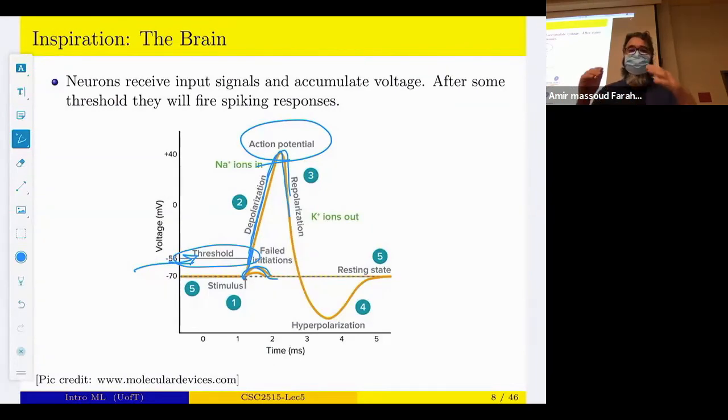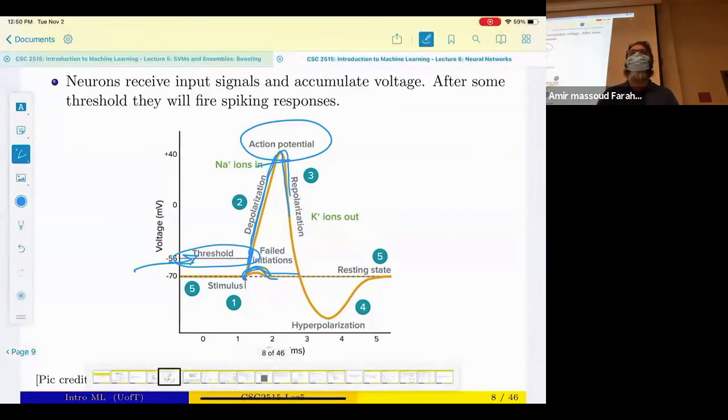But if the stimulus of a neuron is weaker than this threshold level, the neuron would not become activated, and the output of it would be essentially 0. So this threshold activation function is a way to mimic it: if the input is strong enough, we generate output; if it's not strong enough, we don't generate anything. Of course, there's a lot of detail in a real neuron. There's this dynamics of it, which is ignored in our artificial neurons.